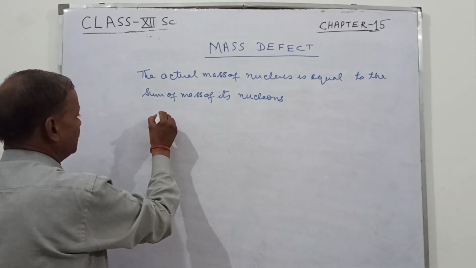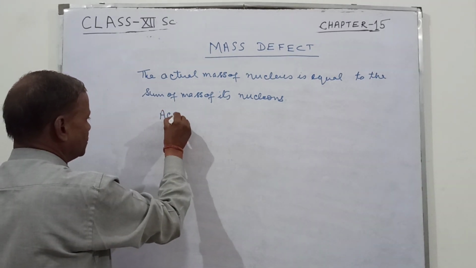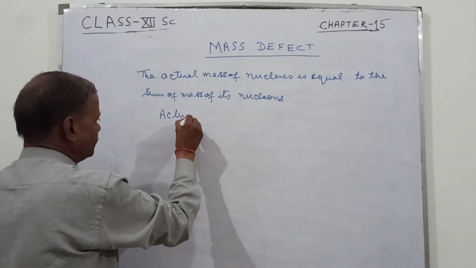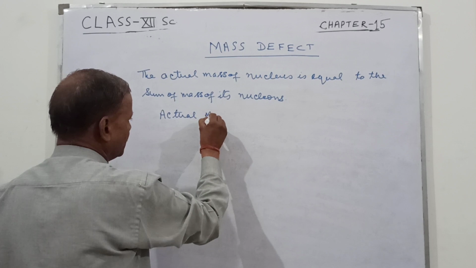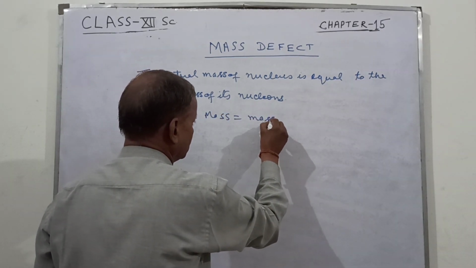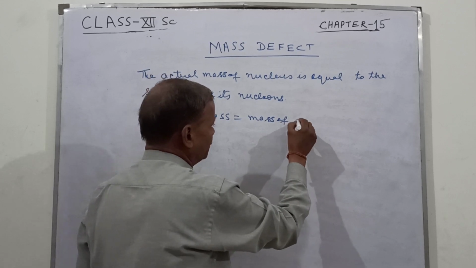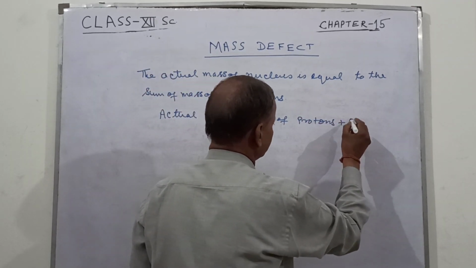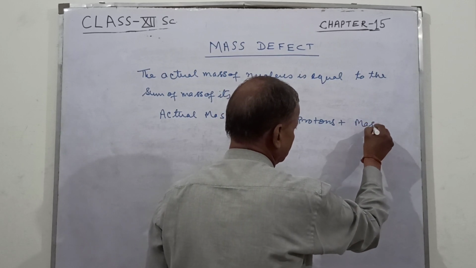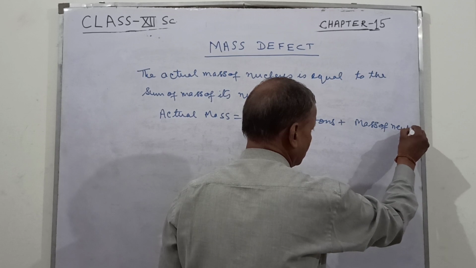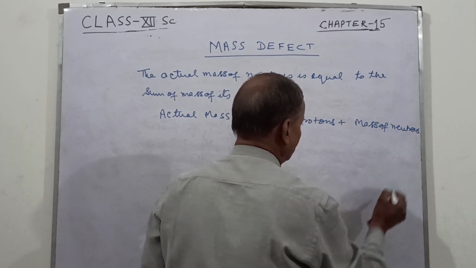So actual mass is equal to mass of protons plus mass of neutrons.